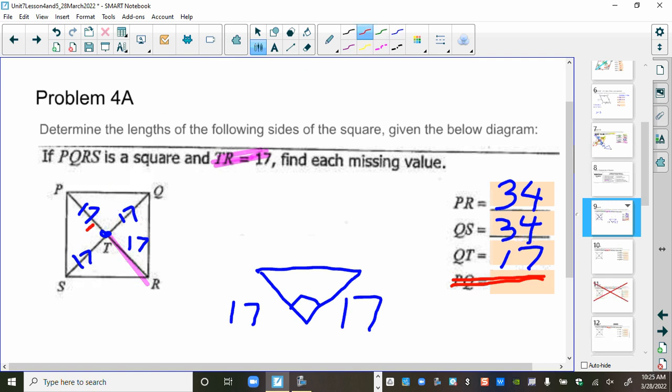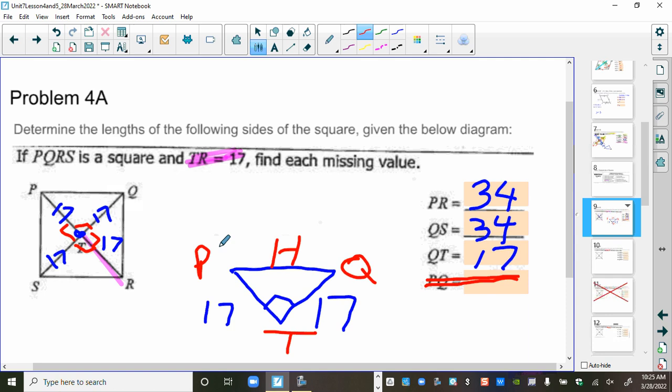All four of these angles inside, right in that middle, are right angles. So if we just take one piece of the triangle, its outer edge must be the, begins with an H, that's going to be a hypotenuse. So if you wanted to get PQ, you'd have to do the Pythagorean theorem.